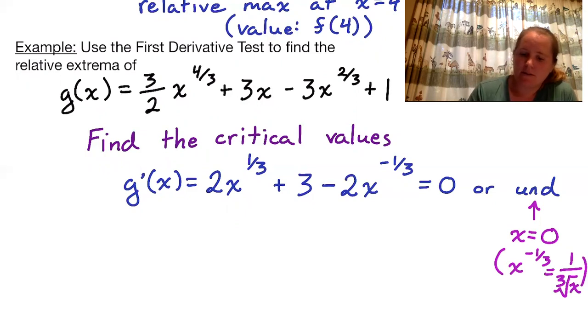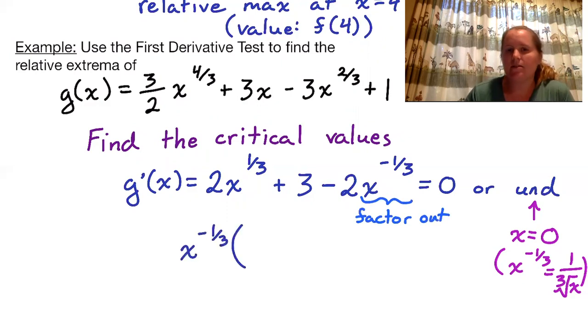Where it is equal to 0, we're going to do a little bit of manipulation here. I'm going to go ahead and pull out my lowest power on the x. So we're going to factor out an x to the negative 1/3. So we'll have x to the negative 1/3 times, this will just add a 1/3 to all these powers.